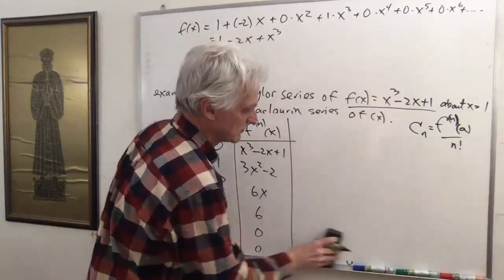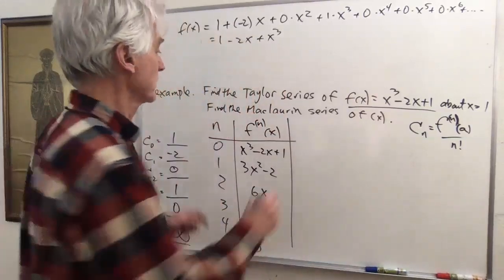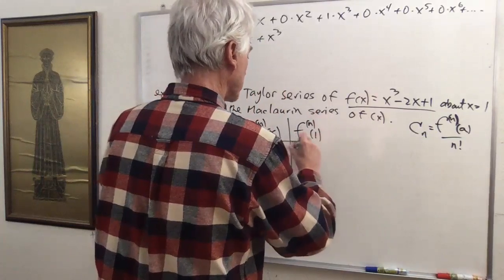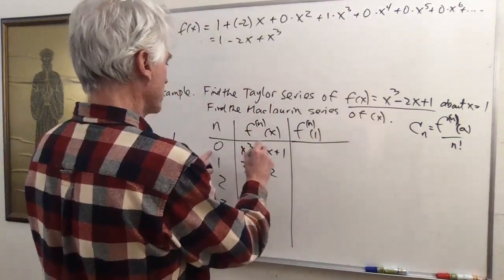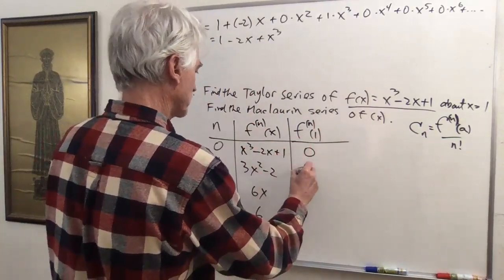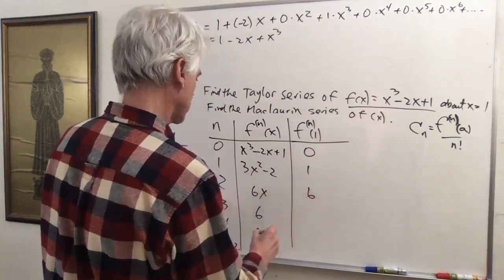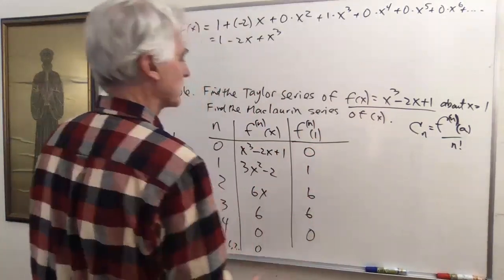The derivatives at any x are just a property of the function, but now we want to evaluate the nth derivative at 1, because a is 1. So 1 minus 2 plus 1 is 0. 3 minus 2 is 1. 6 times 1 is 6. 6 is 6, and 0, etc., 0.